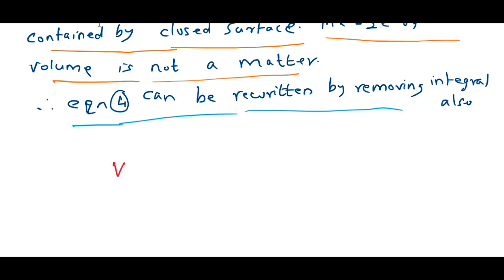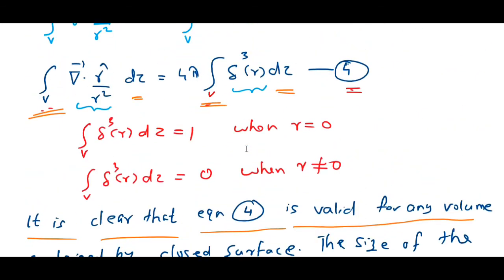So the divergence of r cap by r square is 4 pi delta cube r, because here we have 4 pi also. The divergence of r cap by r square is equal to 4 pi into this delta cube r.